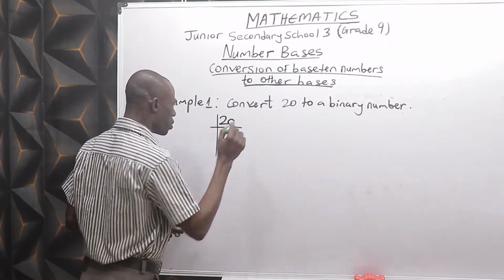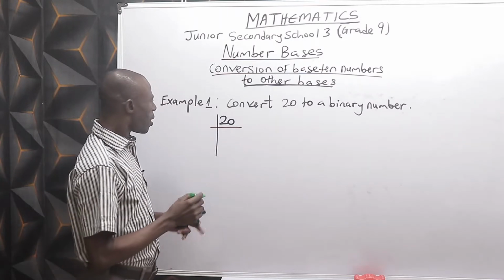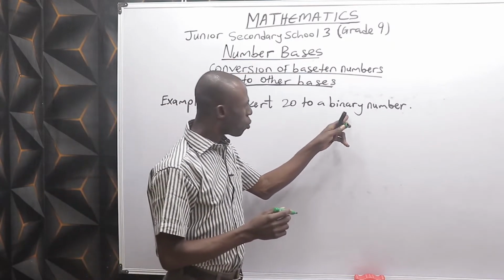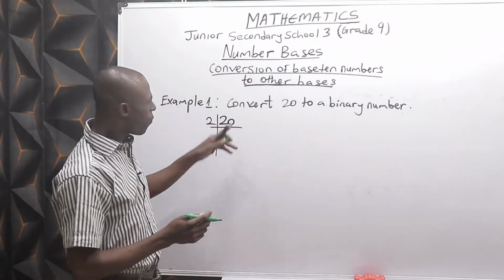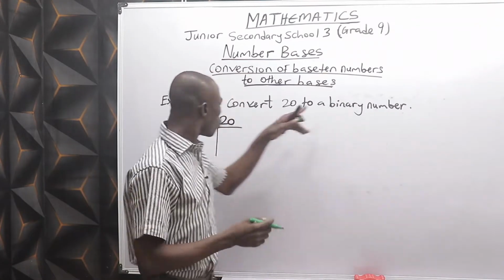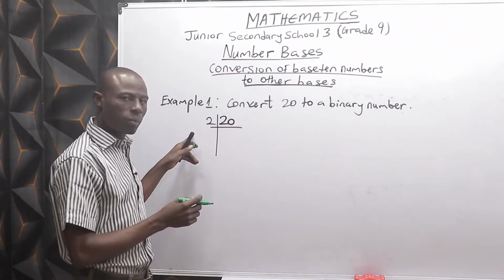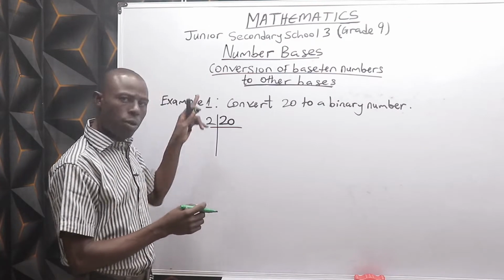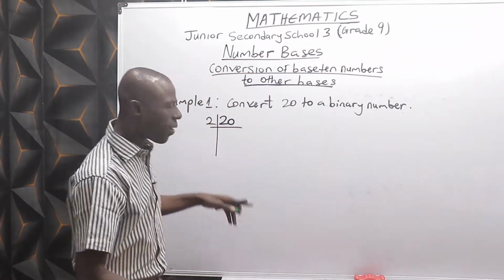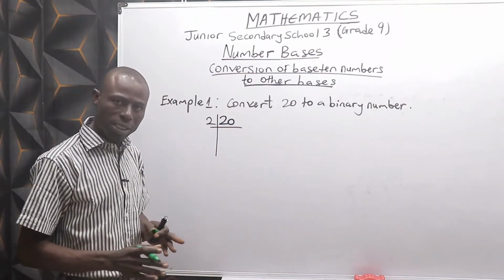Look at it. What are we converting it to? Base 2. You use the 2 to divide. If we are converting it to base 3, you will use the 3 to divide. If you are converting it to base 4, you use the 4 to divide. You are converting it to base 5, use the 5 to divide. I want to believe you understand it.